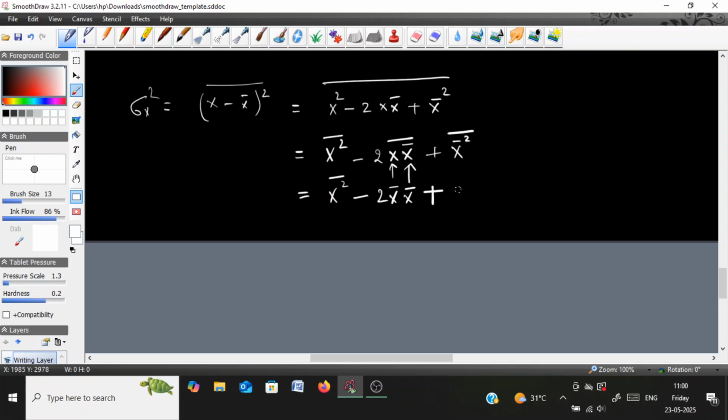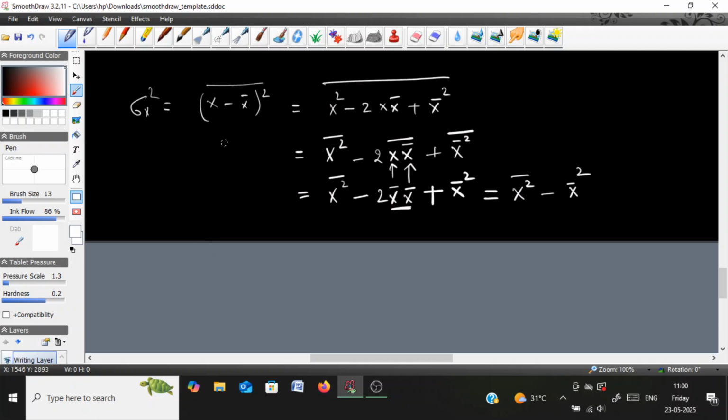Plus this will become x bar square, because x bar is a constant, and x bar square is also a constant, and the mean of a constant is the same constant. So it will become 2 x bar square, and ultimately becomes x square bar minus x bar square.